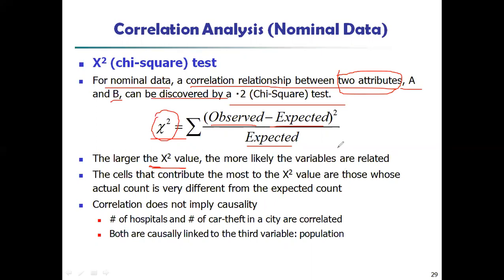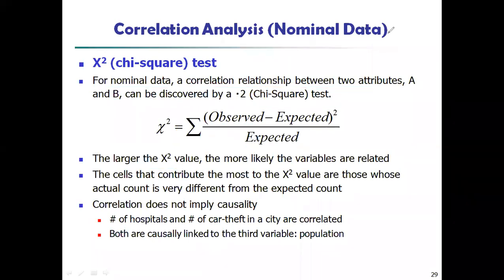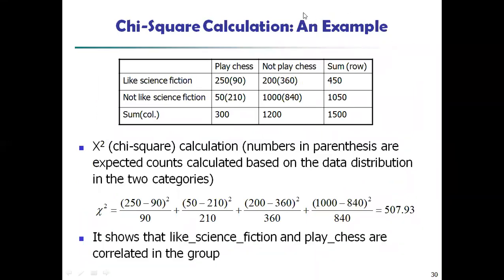Okay, let's take one example here. This is the calculation of a chi-square value. Assume play chess is one attribute and not play chess is another attribute.